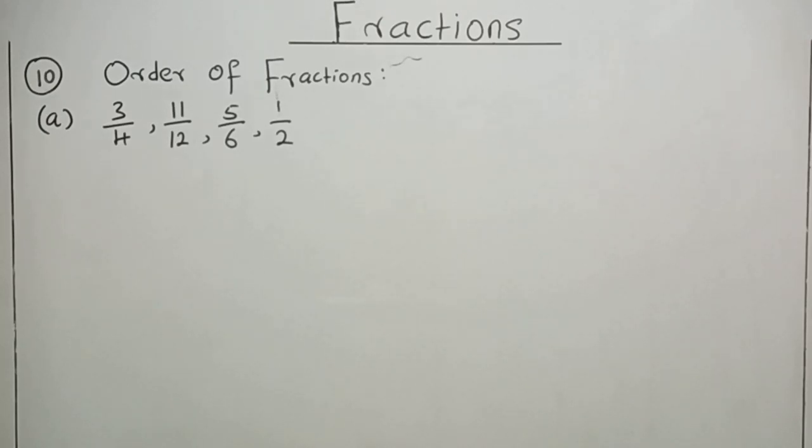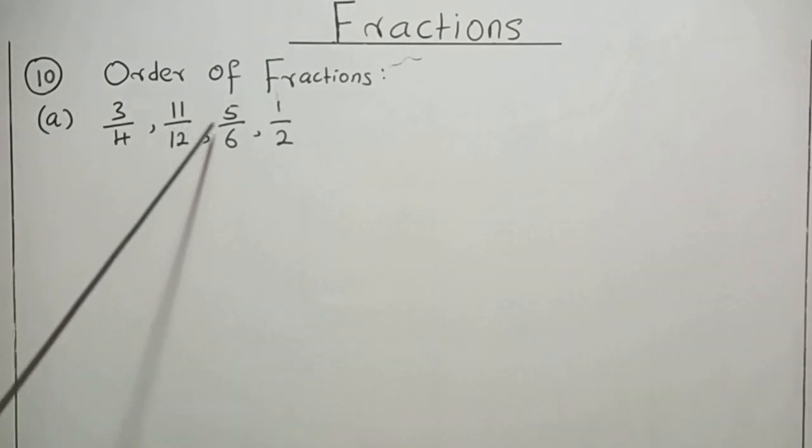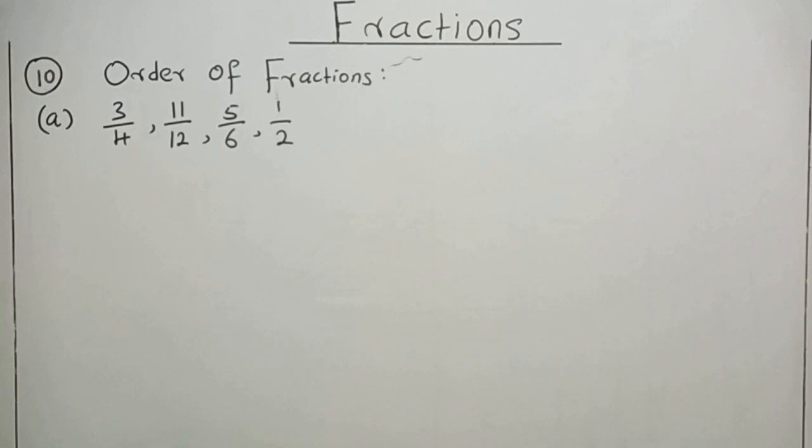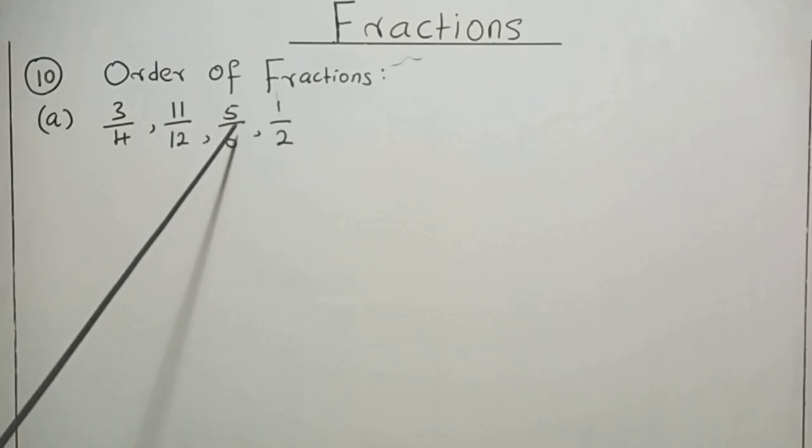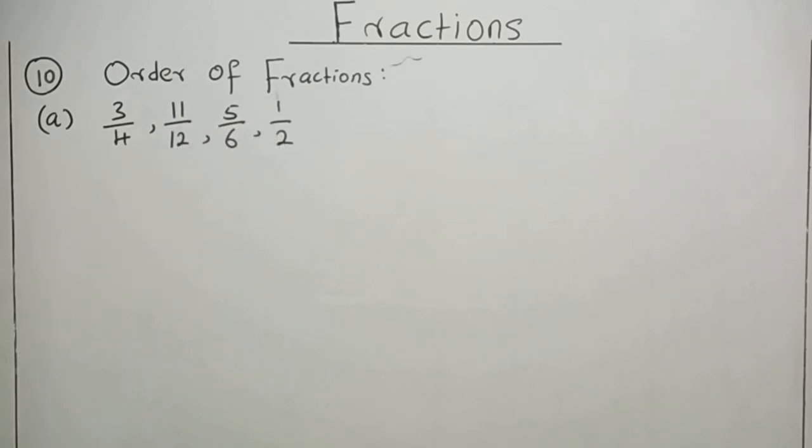It is natural to compare two numbers with a view to knowing which one is bigger or smaller. It is not a difficult thing to tell which one is bigger or smaller between 1 and 2. But look at this array of 4 fractions: 3 over 4, 11 over 12, 5 over 6, 1 over 2.